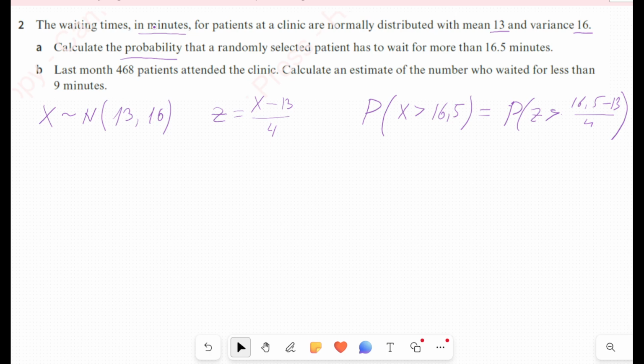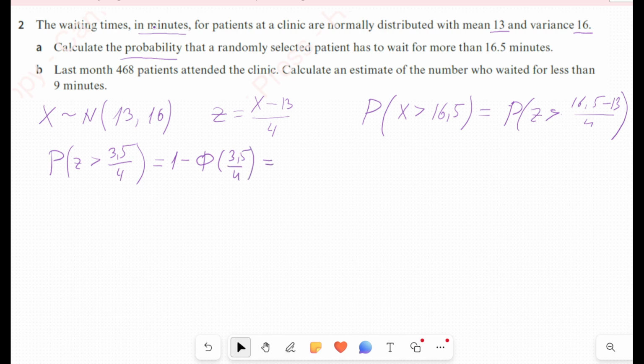The probability that Z is larger than 3.5 over 4 is equal to 1 minus phi of 3.5 over 4.